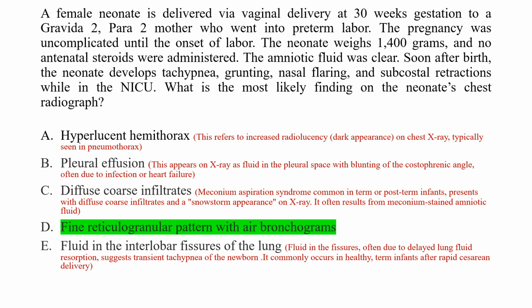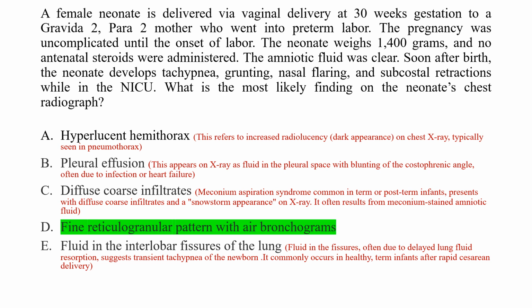Option B is incorrect because pleural effusion is usually associated with infections or heart failure, and it appears as a fluid accumulation in the pleural space, often with blunting of the costophrenic angle on chest X-ray. But there are no clues given in this question to indicate that this infant has these conditions.